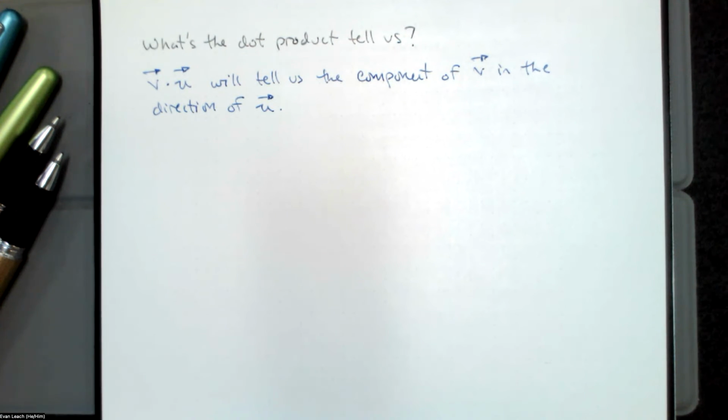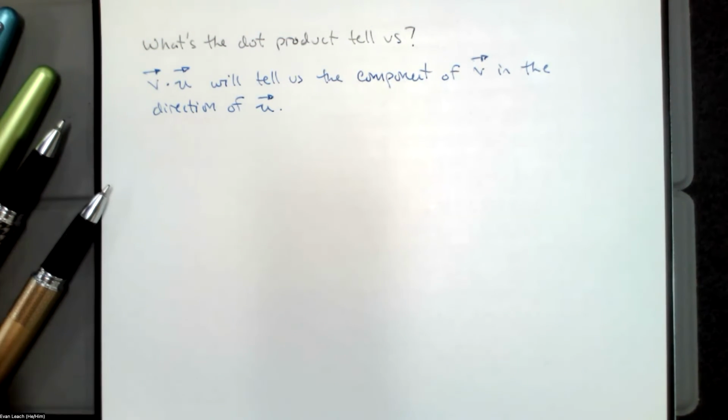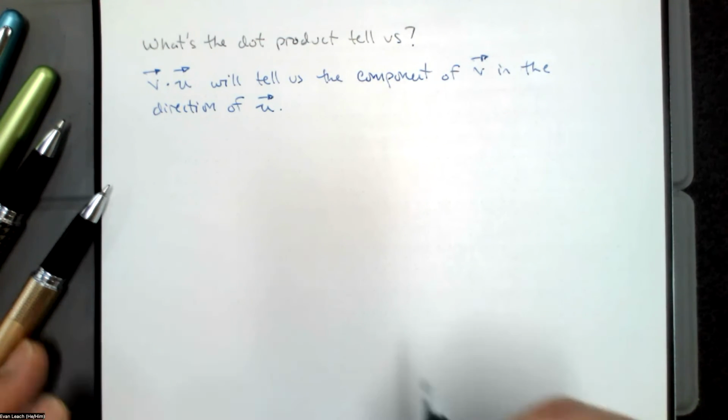This is a generalized version of the horizontal and vertical components that we calculated at the beginning. So think of this as a generalized version of horizontal and vertical components.